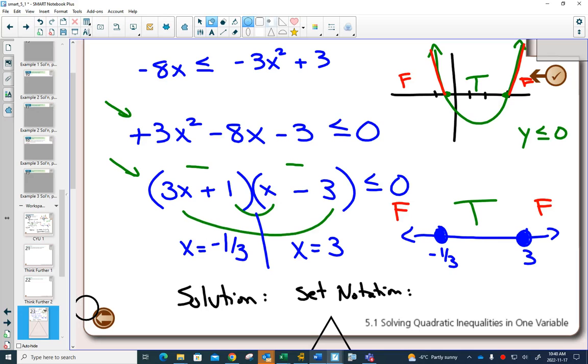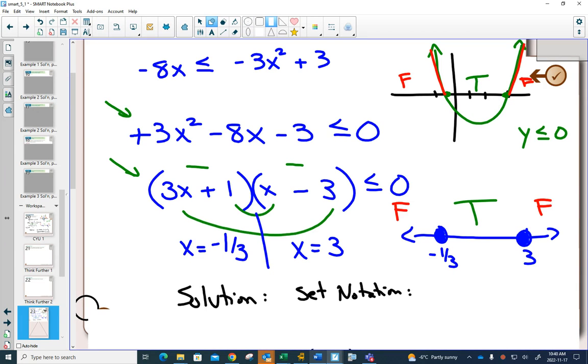That's a circle. And there's the white box. So in set notation, it goes from -1/3 to 3, and this time we'll have the equal sign in there because our dots were filled in.